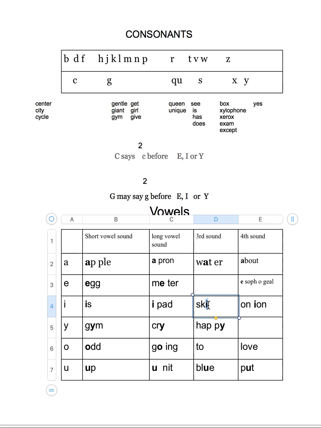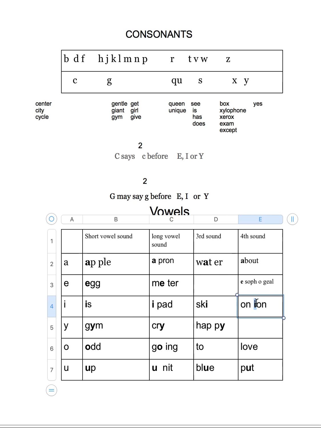Ski. I says E in the word ski. E is the long E sound. Sometimes I says E in the English language. Onion.